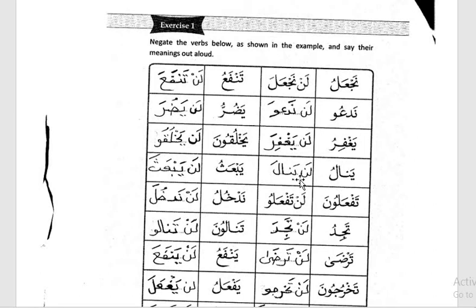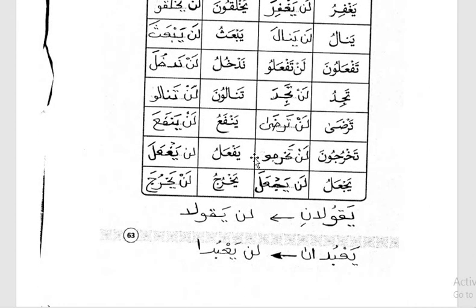ينال, لن ينال. يبعث, لن يبعث. تفعلون, also here the verb is plural masculine, لن تفعلوا. ندخل, لن ندخل. تجد, لن تجد. تنالون, لن تنالوا. ترضى, لن ترضى. ينفع, لن ينفع.